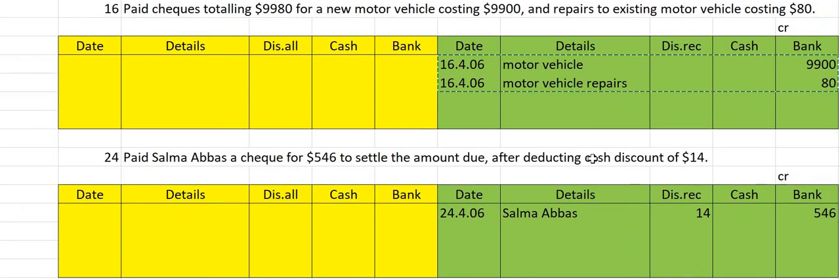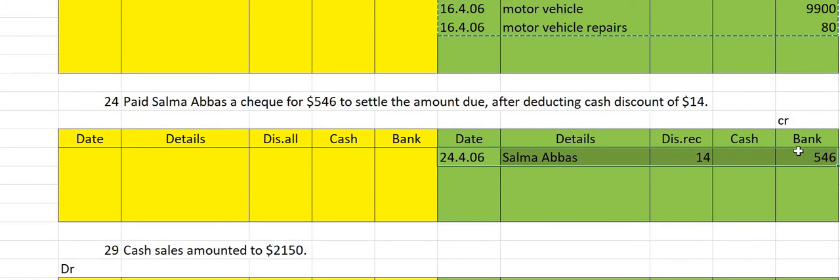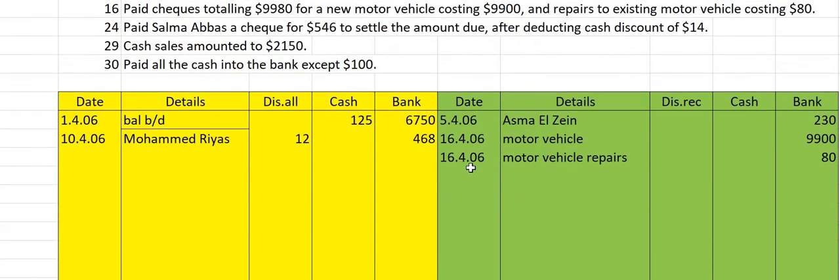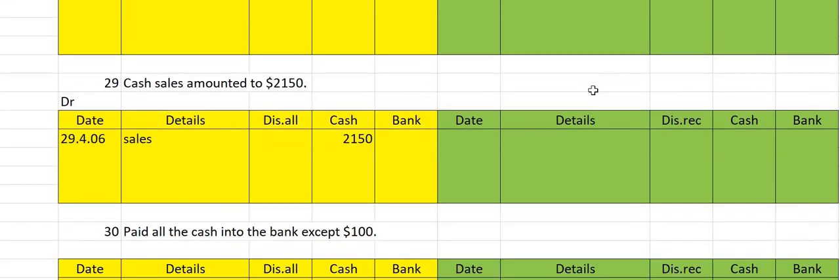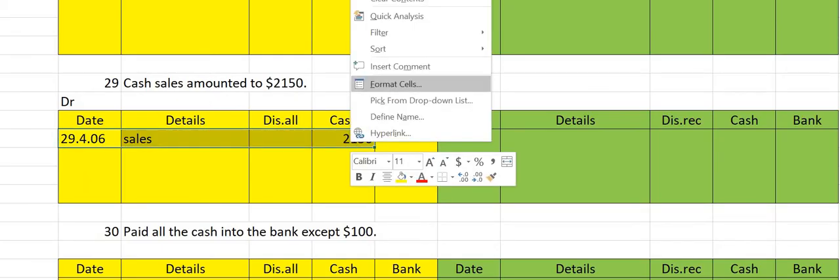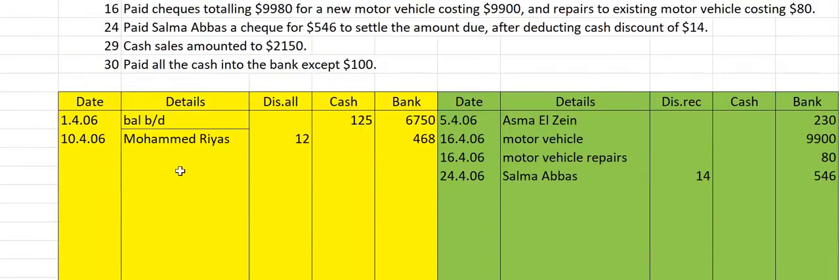Right, that is done. Now we have one more piece of information on the credit side. Right, that's also done. Now one more on the debit side. Let's enter it on the debit side.